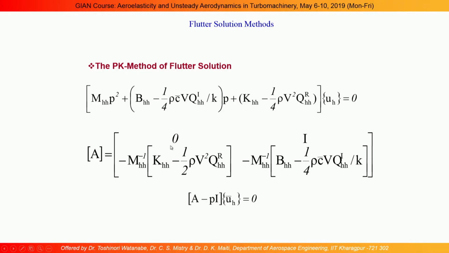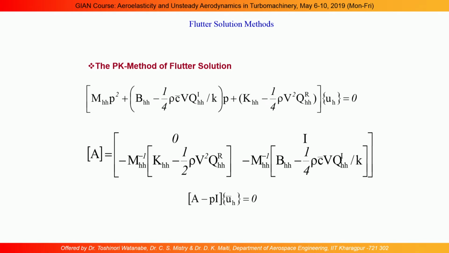In this PK method, the real part, the aerodynamic load related to damping, meaning velocity, is considered as the equivalent aerodynamic load, and the other terms, everything put together, they are taking into the aerodynamic. This is basically the right hand side from the unsteady aerodynamic computation.